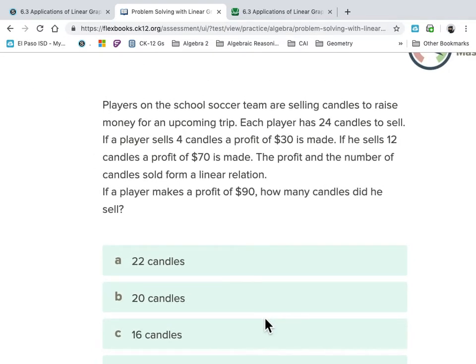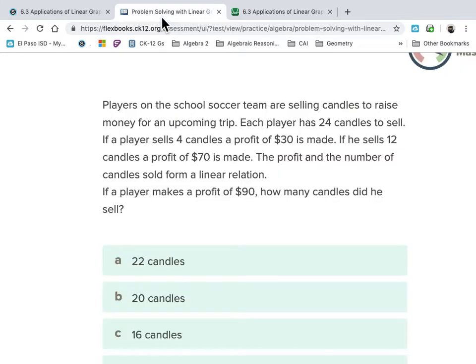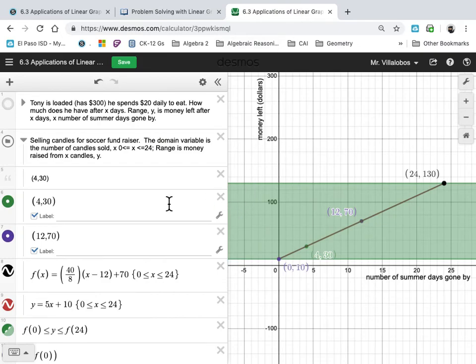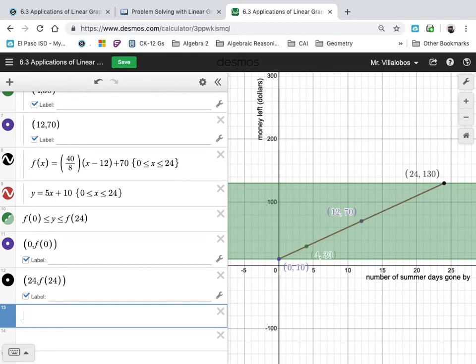Okay, here's another soccer school problem. Same candles problem. If a player makes $90, how many candles did he sell? So that's part of this one. If 5x plus 10 equals 90, there it is.